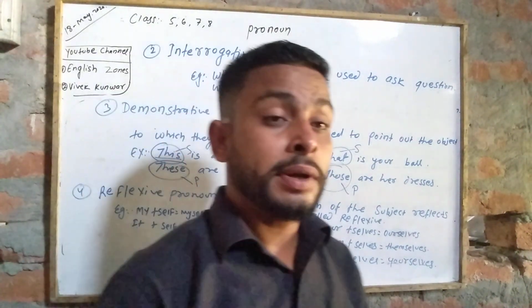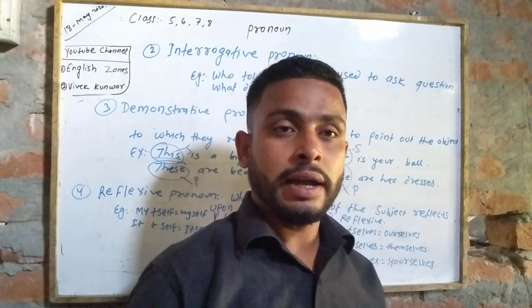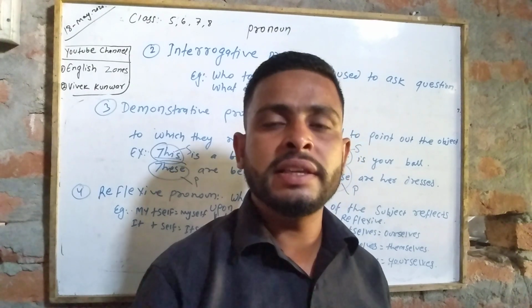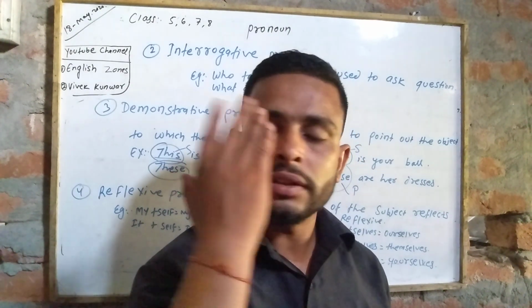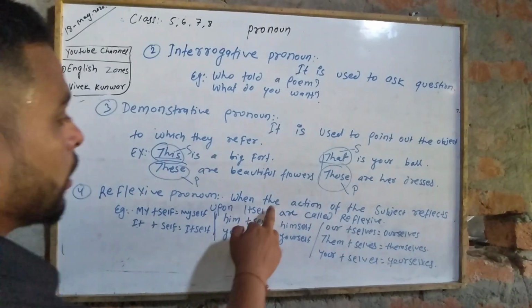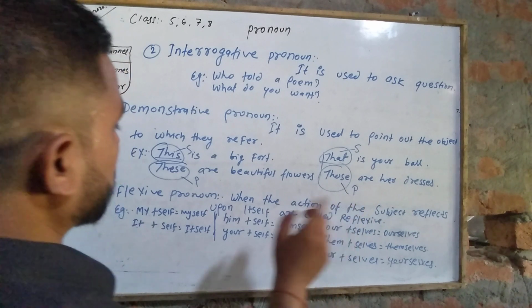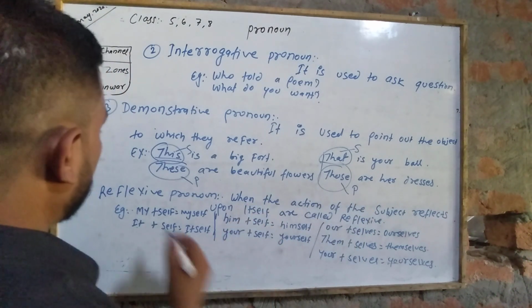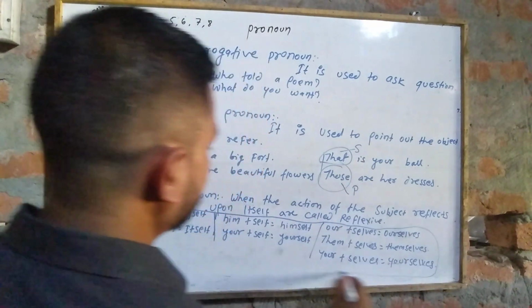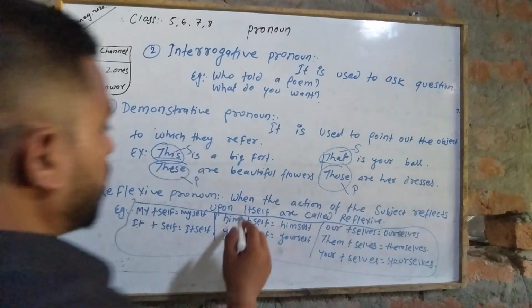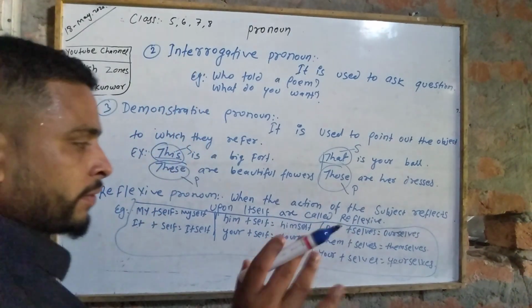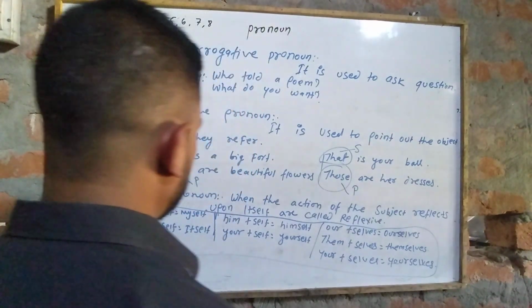The reflexive pronoun is so easy. When there is SELF in singular and SELVES in plural, you can understand that this is a reflexive. By definition, listen carefully: when the action of the subject reflects upon the subject itself, that is a reflexive.